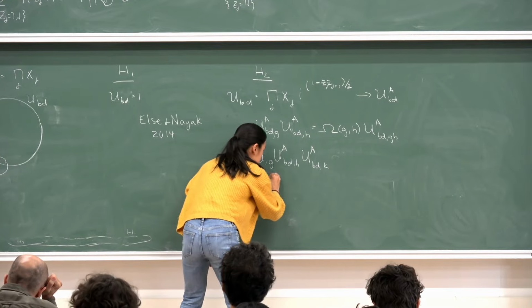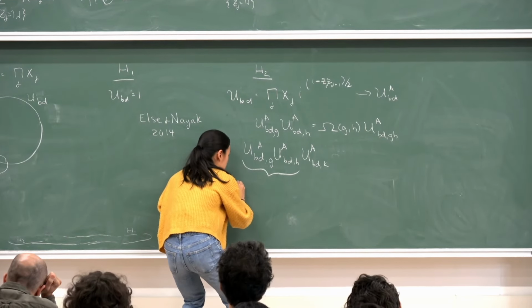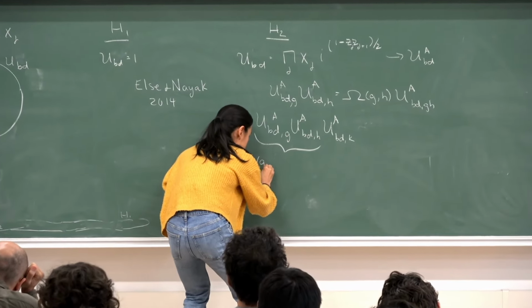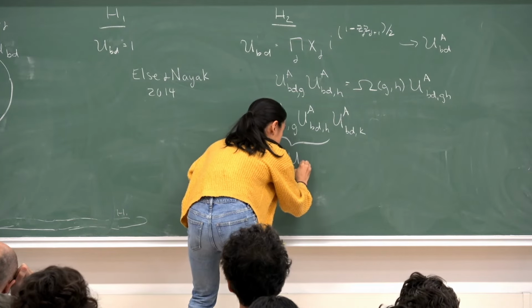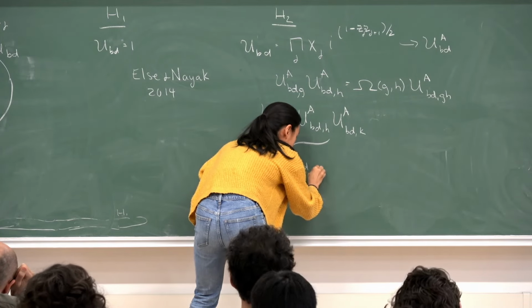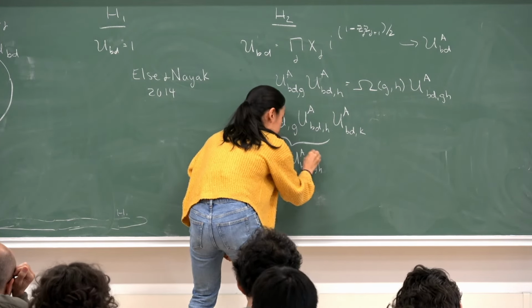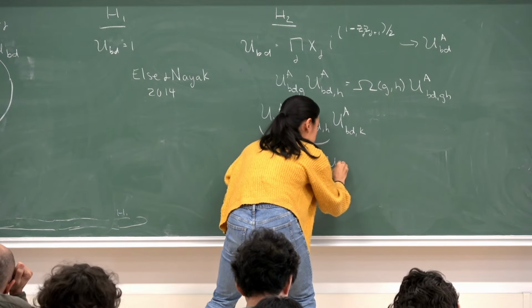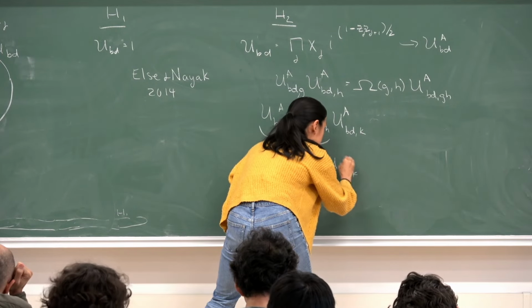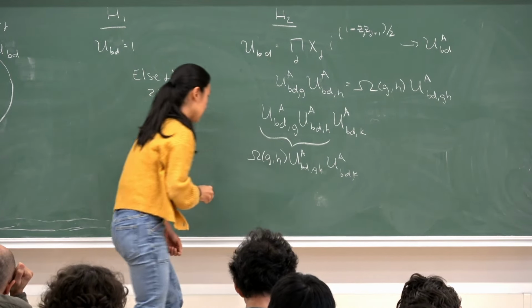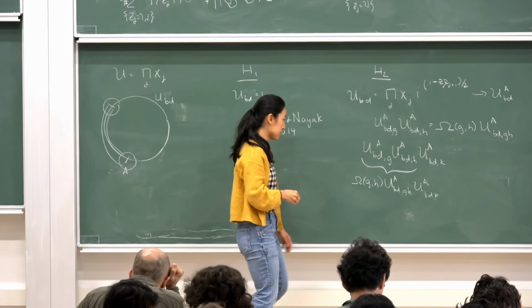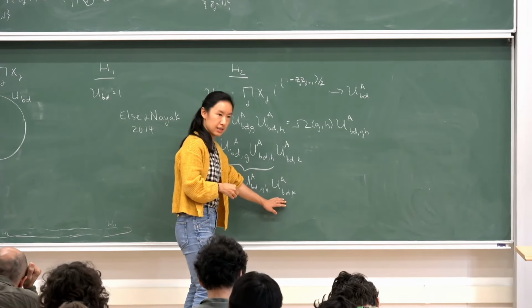And we'll see that this one will give you omega G H U boundary G H A U boundary K A. And now we use the same thing again to fuse these together.